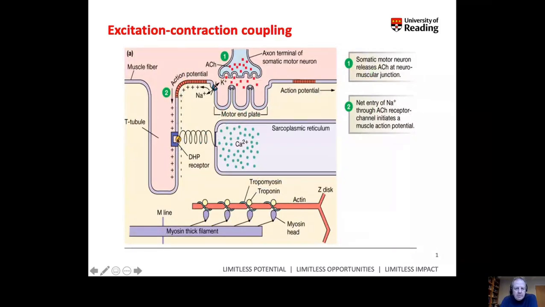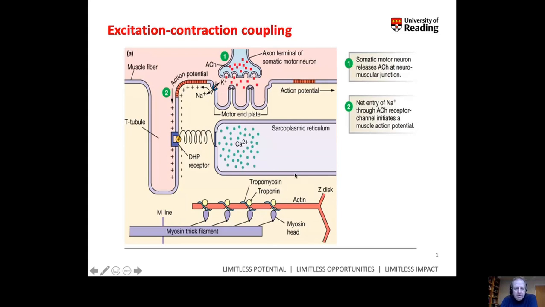Down here you can see some important receptors that are involved. This is our T-tubule. This is something called the DHP, the dihydropyridine receptor. This is our terminal cisternae, arranged near the T-tubules, our calcium store, and this is how actin and myosin fit in. We'll see that there are two important proteins, tropomyosin and troponin.